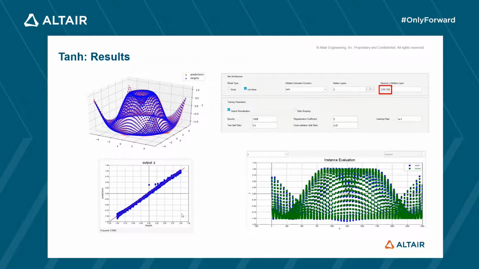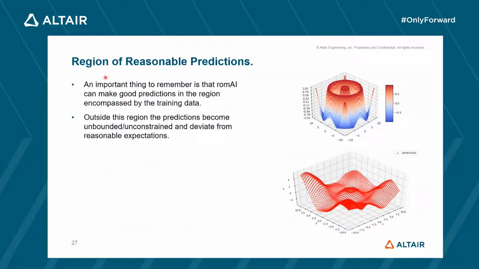There is a warning though, in the sense that you should always keep in mind that the data that you feed ROM AI is essentially what drives the output. So ROM AI can only make reasonable predictions in an area where it has seen data.